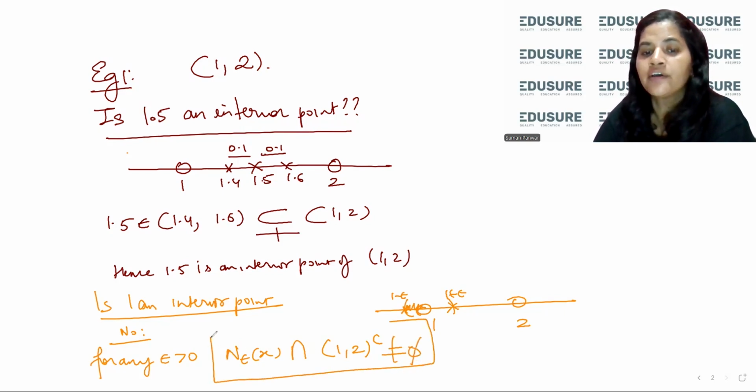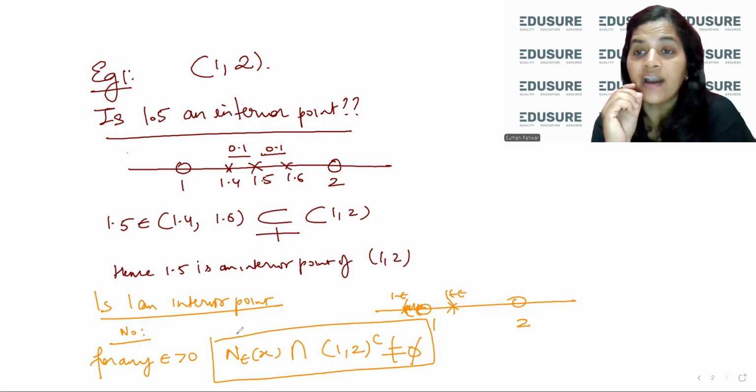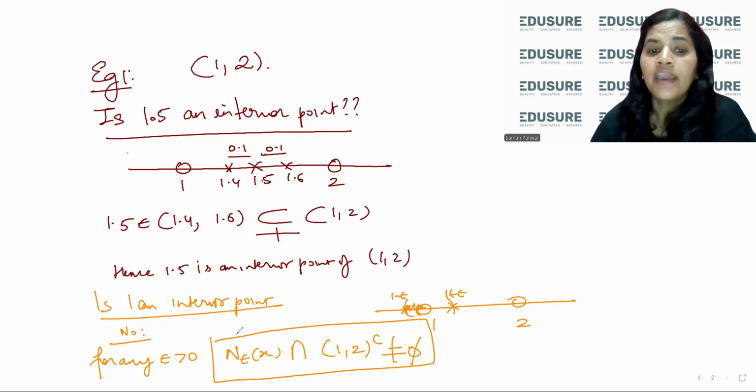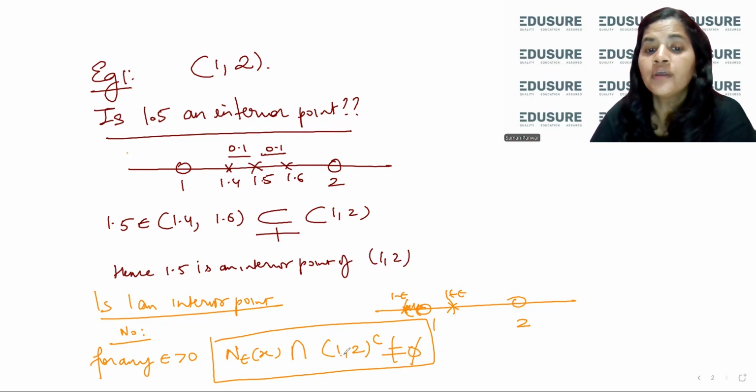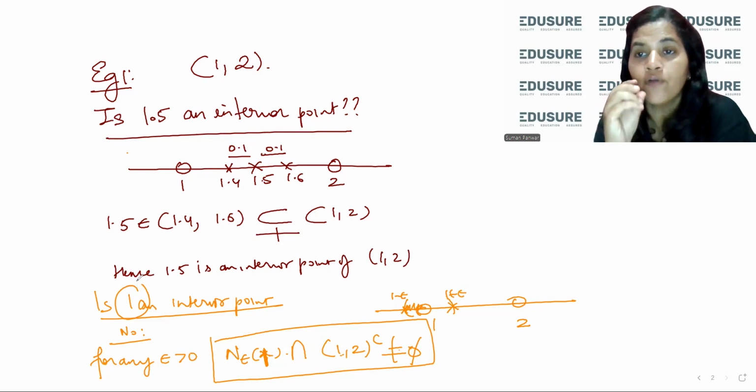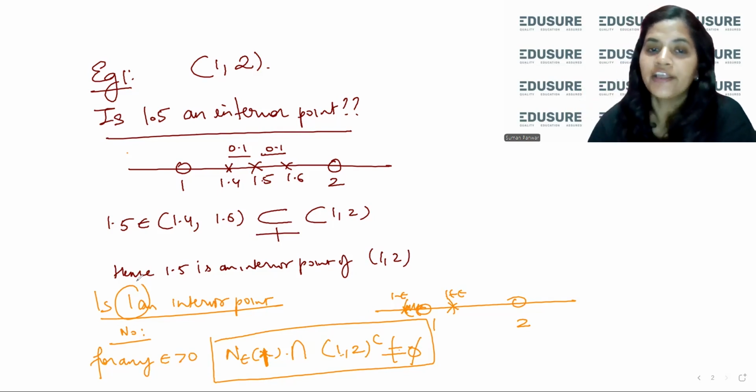That is how you write it. So if I take any neighborhood of 1, that will have an intersection with the complement of the set (1, 2), and therefore it's not possible that 1 is an interior point. Okay, so here X is equal to 1. So 1 is not an interior point because I cannot find a neighborhood of 1 which is strictly inside the open interval (1, 2), and therefore it is not an interior point.